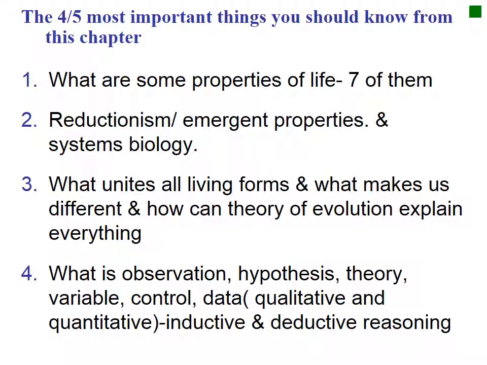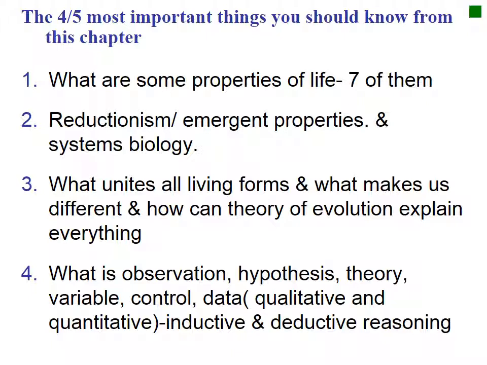Now mostly what I do as a habit is, on the first or second or third slide, I give a listing of the important points that you should know from this chapter.